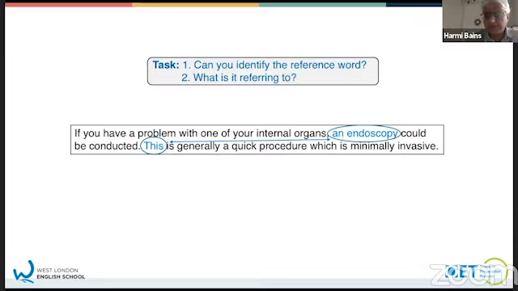We've got an endoscopy. Basically, that's what it means. In fact, you could even take out the word this and you could say an endoscopy is generally a quick procedure. But we have these reference words, so we can avoid repetition, as you can see. And to get the answer to this question, I had to go back to the previous sentence.